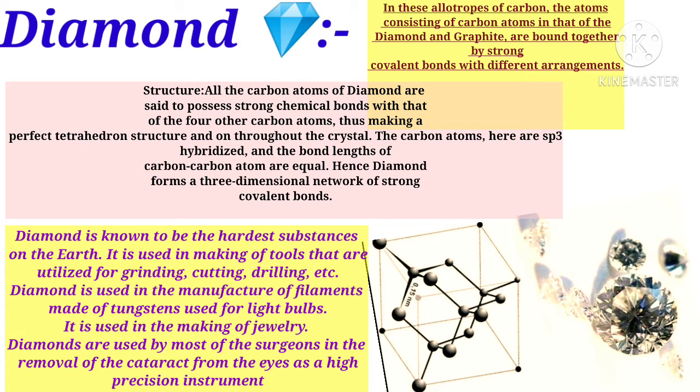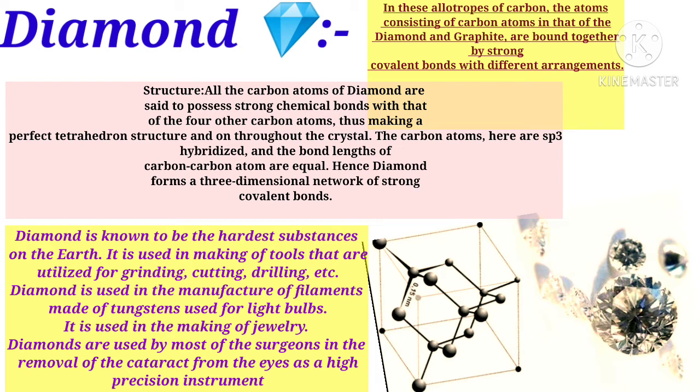This gives a giant three-dimensional polymeric structure in which the carbon to carbon bond length is 1.54 angstroms and the bond angle is 109 degrees 28 minutes. These are the bond lengths and bond angles.